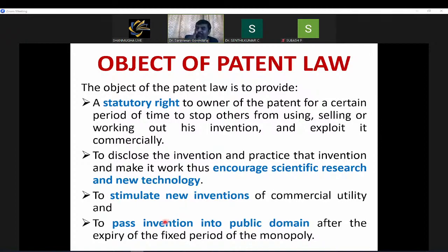And by means of the patent act, we are passing our invention into the public domain. If you invent something and keep it to yourself, there is no use. When it is patented, if it is helpful for common people, it will automatically come into the public domain. Because of that, you will benefit also.